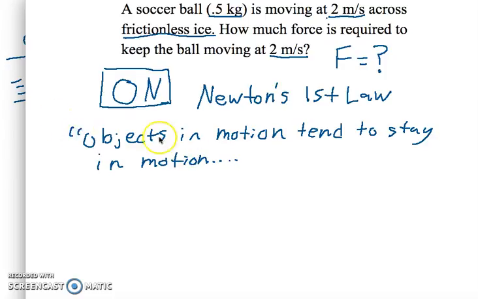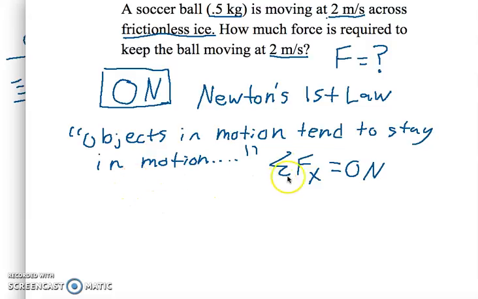I'm just going to abbreviate a little bit, but objects in motion tend to stay in motion, objects at rest tend to stay at rest unless acted on by an outside force. So there's no net force here, really. It says there's no friction. We're going to assume there's no air resistance, unless it's explicitly specified.